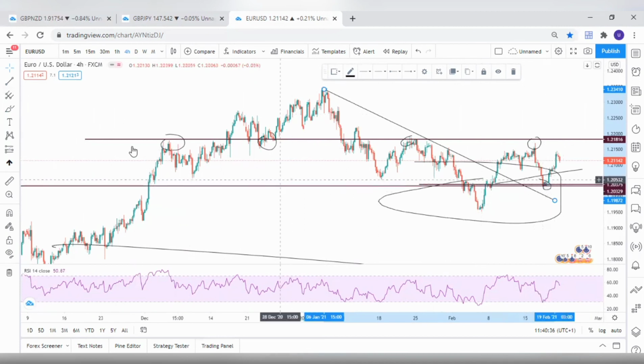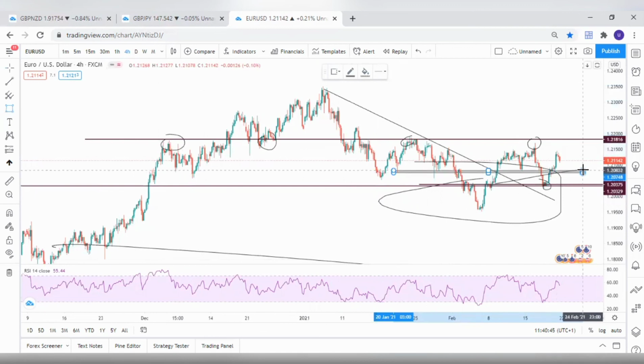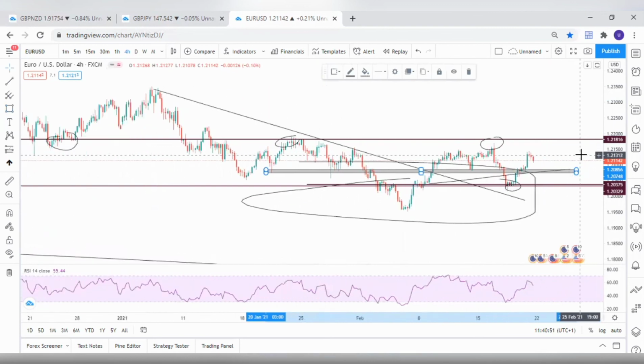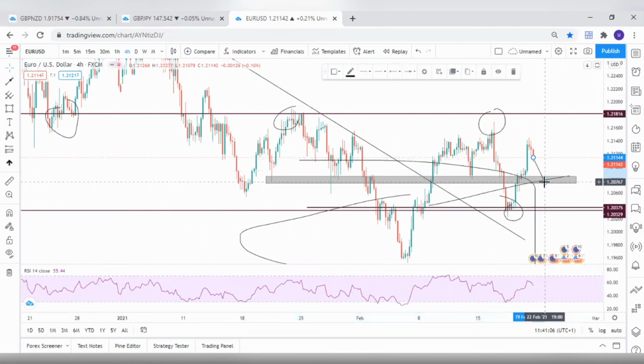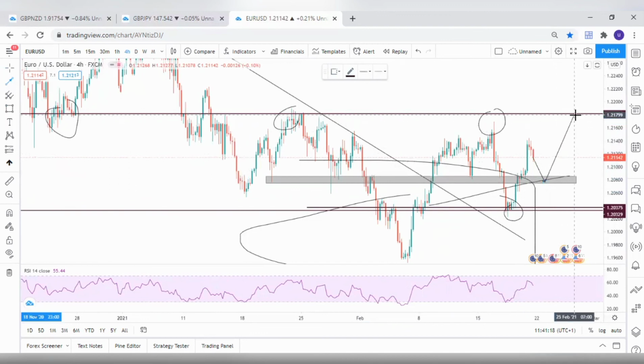So we expect that price might continue to the upside because of this little support. This mini support is usually invisible, as you can see. What I'm trying to say in essence is that once the market opens in the new week, the price of EUR/USD might come down to this zone, and buyers will continue to buy from this zone, thereby moving the price of EUR/USD to the upside.